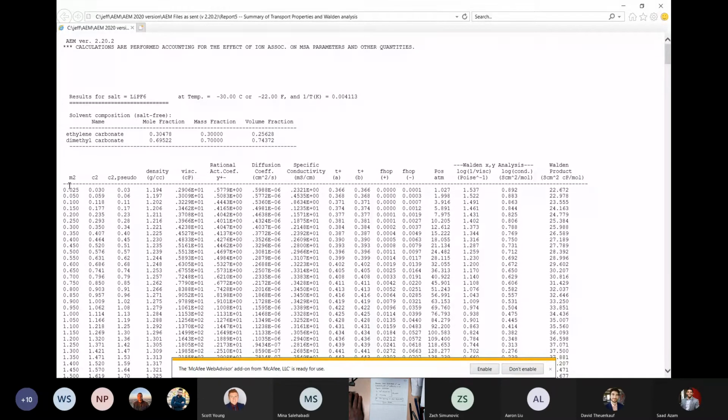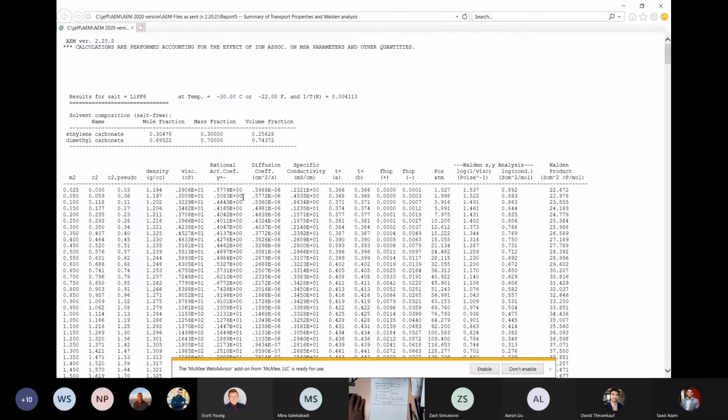So if you ever want to convert from molality to molarity, this is a very handy way to do it because the program does very well at this, right? And then it gives you the density, gives you the viscosity, gives you the diffusion constant for the lithium ion, it gives you the conductivity, okay?